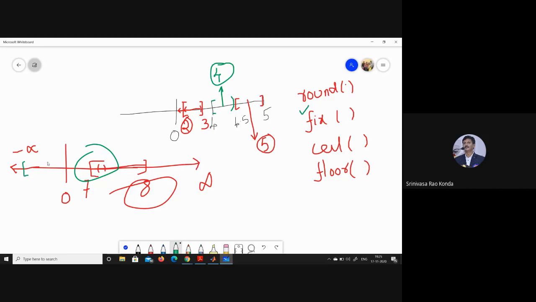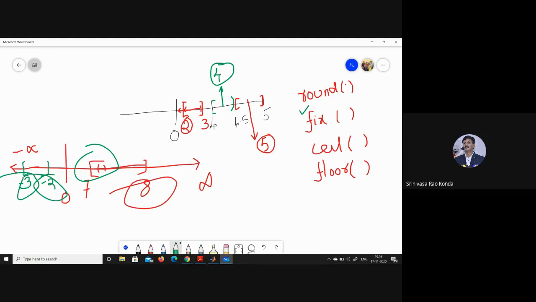If x is negative, that is entirely different. We display the left hand side integer, right? Because minus infinity is the left hand side. Suppose the value is between minus 3 and minus 2. Floor command gives minus 3, fix command gives minus 2.